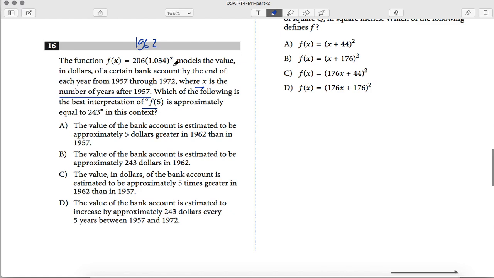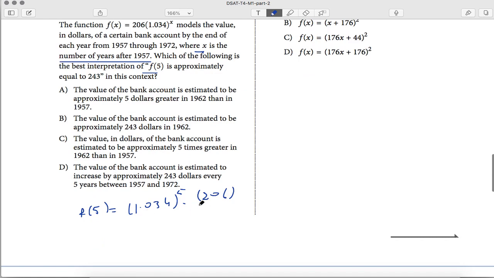And if I plug 5 into this equation to find what f of 5 is, then our coefficient is 206. When we plug these values into our calculator, this exponential term is 1.182, times 206.